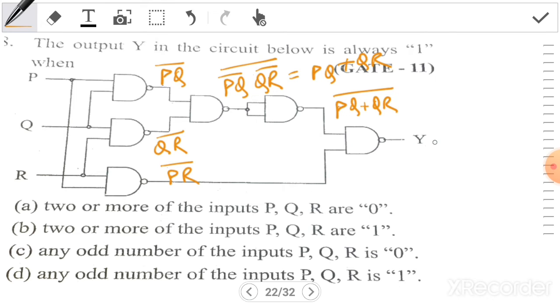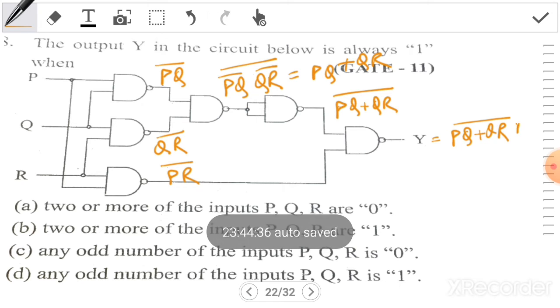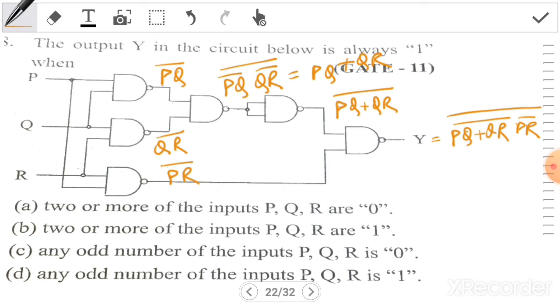So output Y will be PQ plus QR complement and PR complement whole complement. So let us rewrite this as PQ complement plus QR complement plus PR complement.